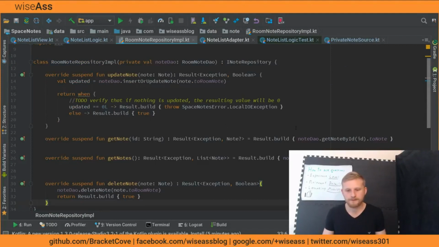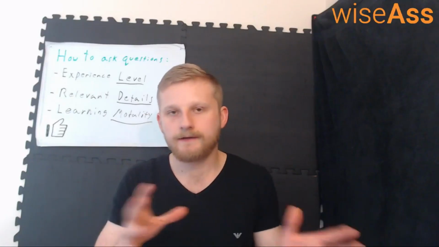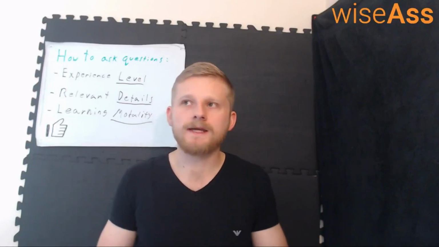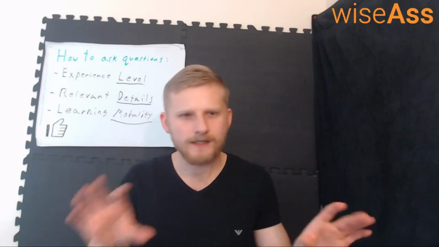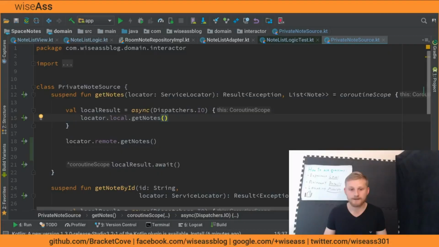What I was saying before is that I was trying to call noteDao.getNoteById or whatever. I was just trying to talk to the Room database, and I was getting an error which was basically that you can't access Room on the main thread. In many cases with coroutines, you don't actually need to switch threads, but in some cases you do.